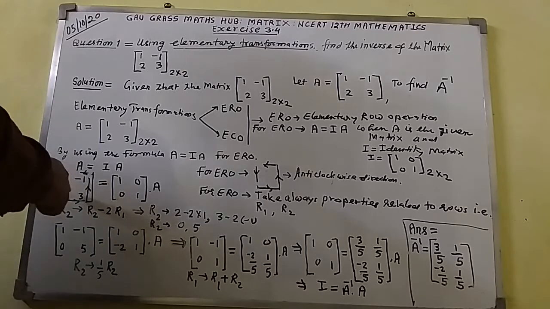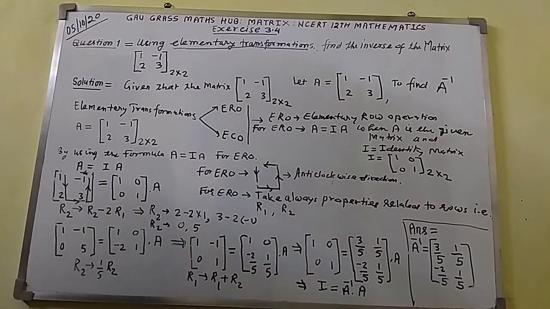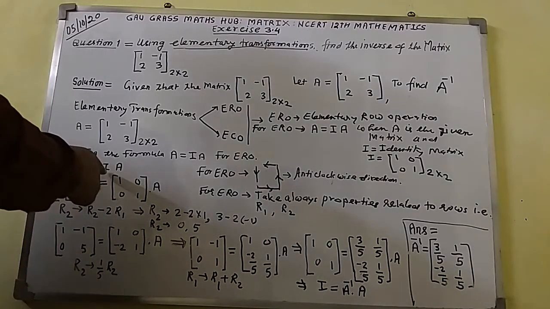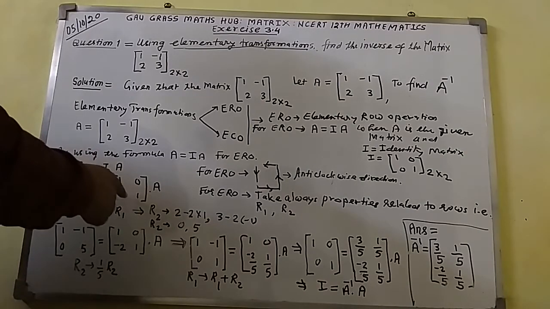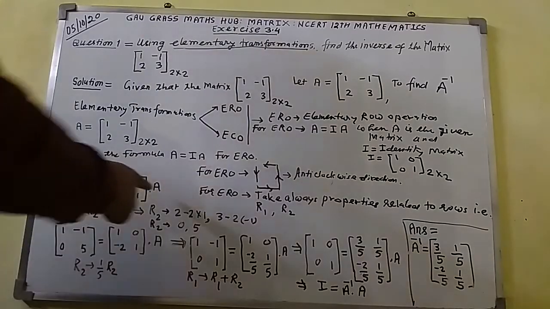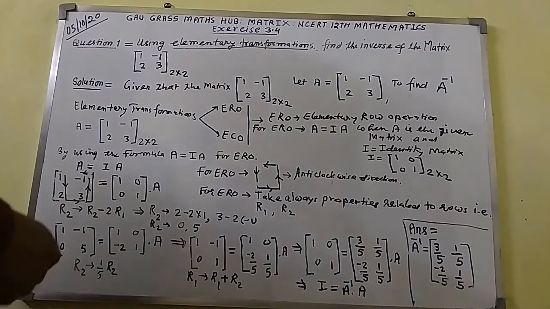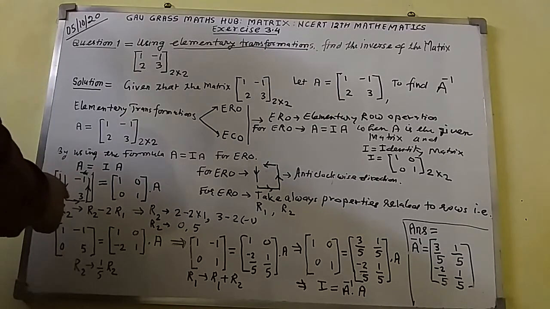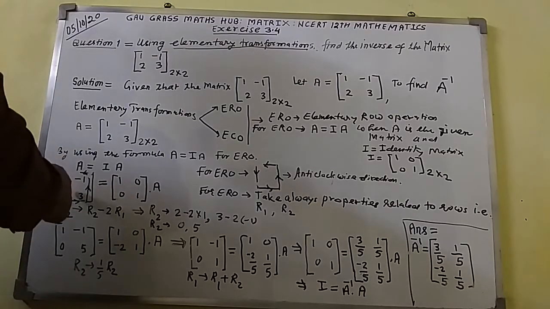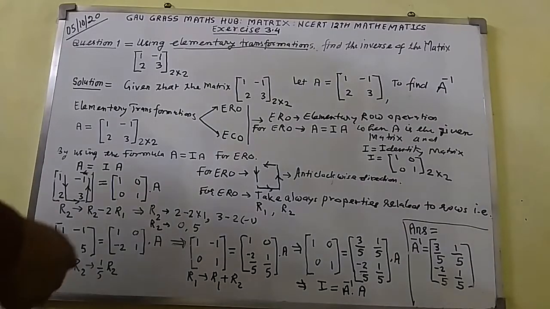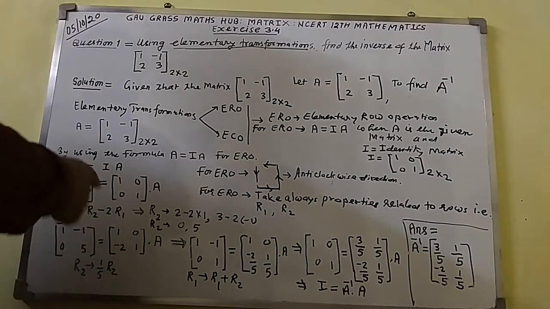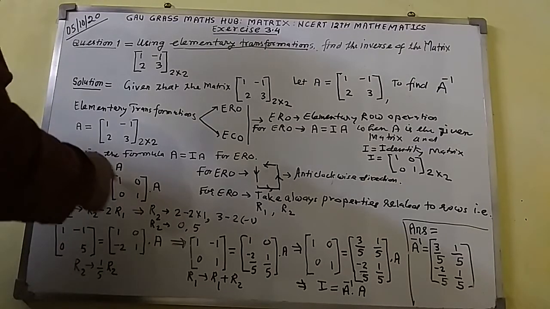And this I matrix will be converted into the inverse matrix of the given matrix A. Whatever changes occur in the given matrix here, the same changes will also occur in the identity matrix here.